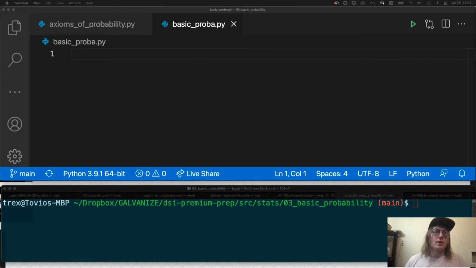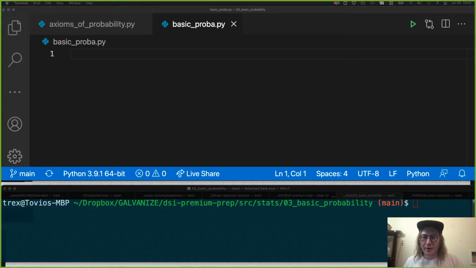So we've sort of gathered a basis for understanding probability, and now we're going to just look at probability from that basis. The basis specifically being that of sets.